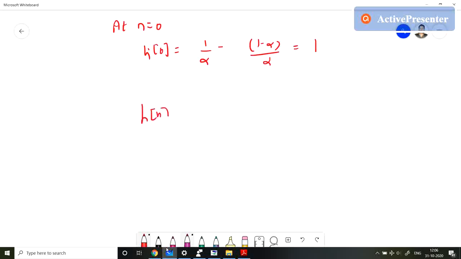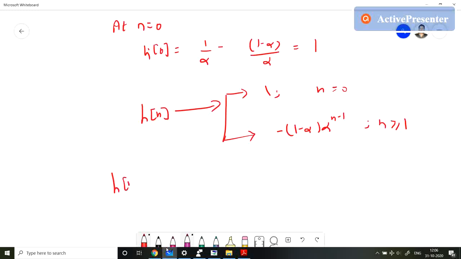So we can summarize this: we have 1 when n is equal to 0, and minus (1 minus alpha) raised to the power n minus 1 when n is greater than or equal to 1.